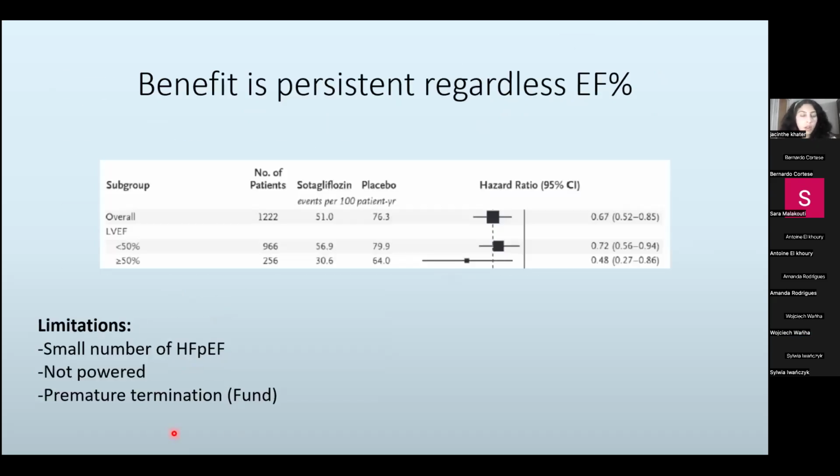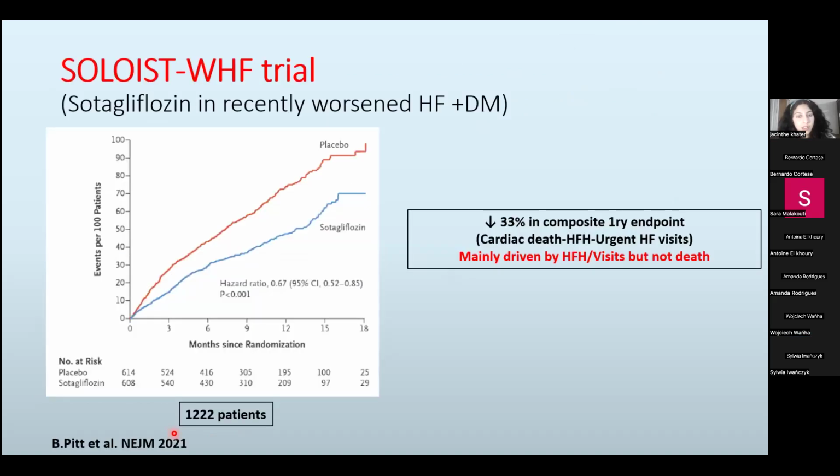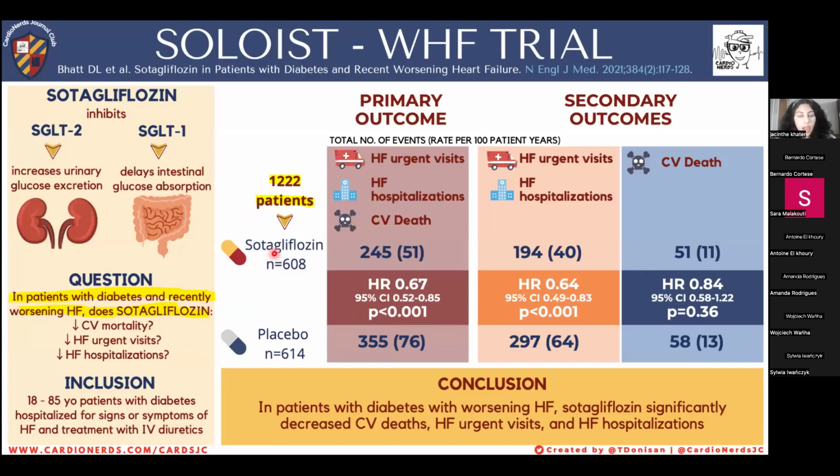And which was the planned population for this study? How many patients did they want to enroll? You don't have to respond now, but when you see that the study was interrupted before the end, you should understand why, the reason, and which was the goal population and what percent of the population was actually enrolled.